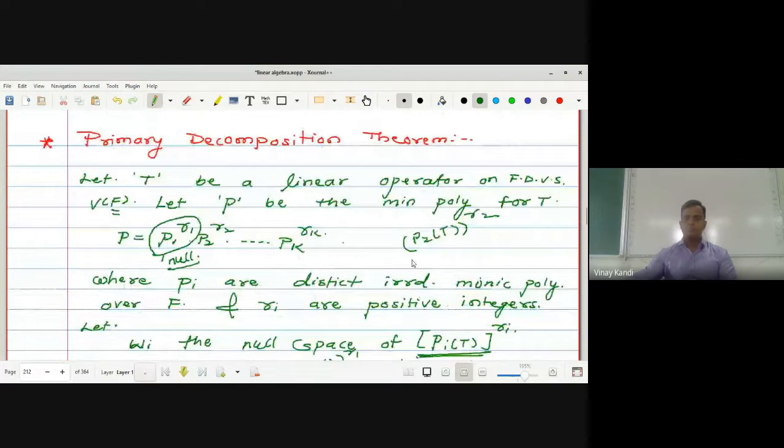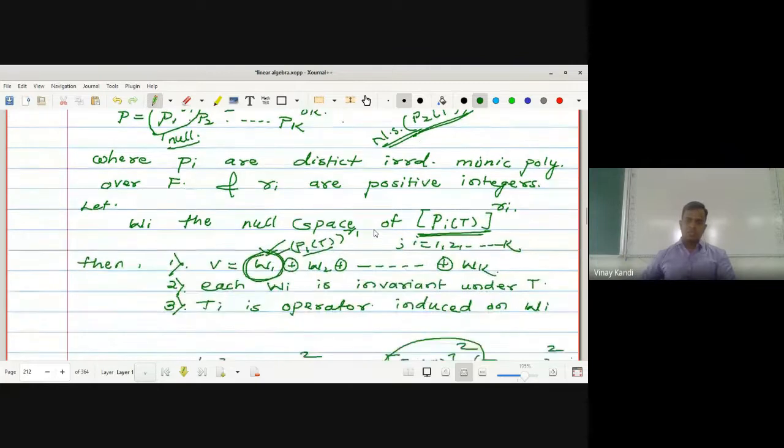P2 T bracket raised to R2. This is again an operator on V, and whatever is the null space of this operator, that is W2. Okay, and so on, up to this is W2. So how do I write this V?